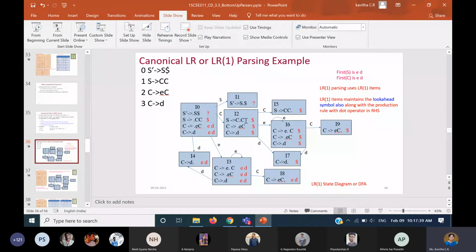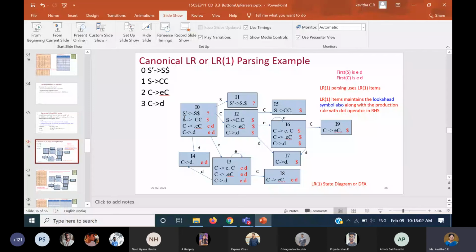Later on I will have to use whatever comes in that particular state. So throughout we will not be using the same thing, but we will always find the first of some substring along with the lookahead symbol, and that will become the new lookahead symbol whenever you expand. But when you are taking a transition, you are just going to copy the same lookahead symbol.